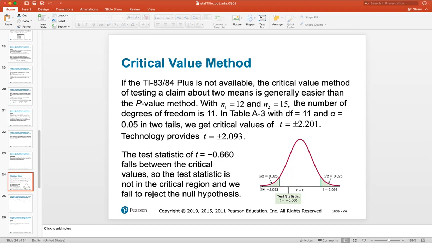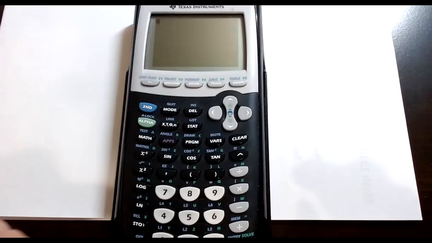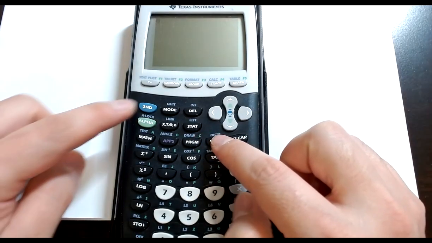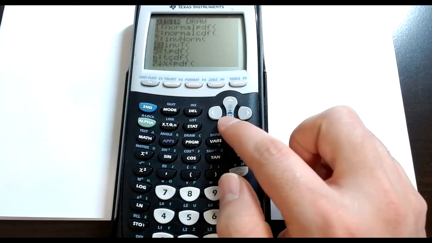We can find these t values using table A3 in the textbook. Give me a second. In the calculator, you go to the distribution menu, and there is inverse t.